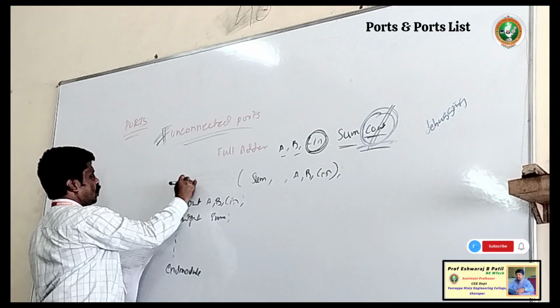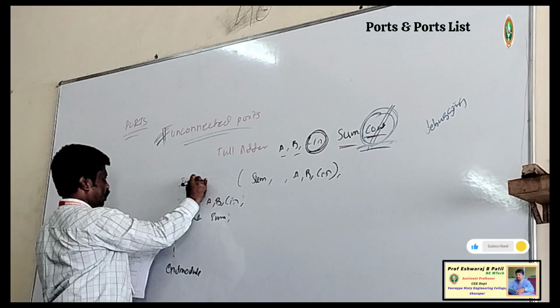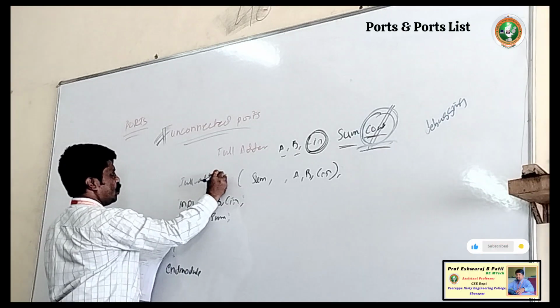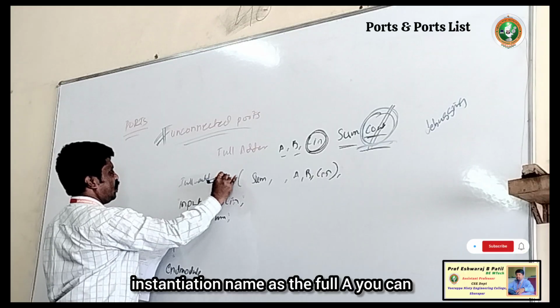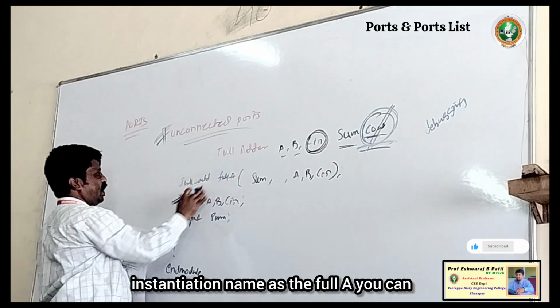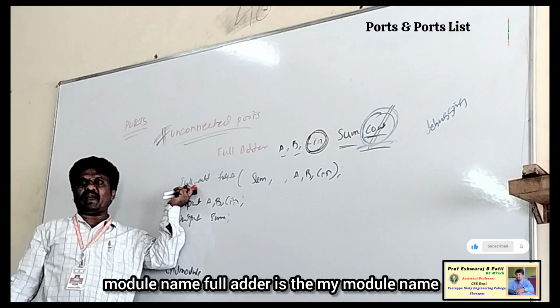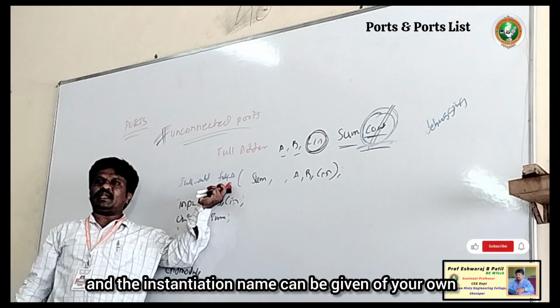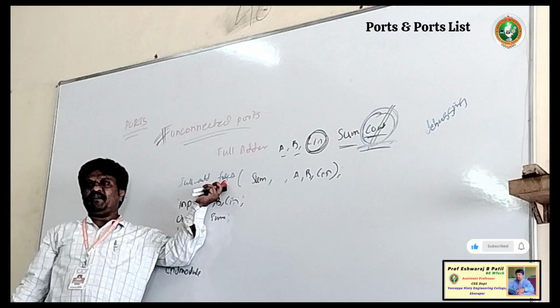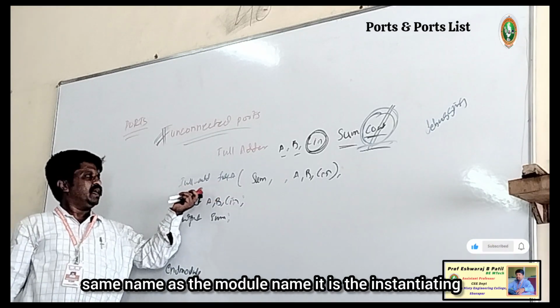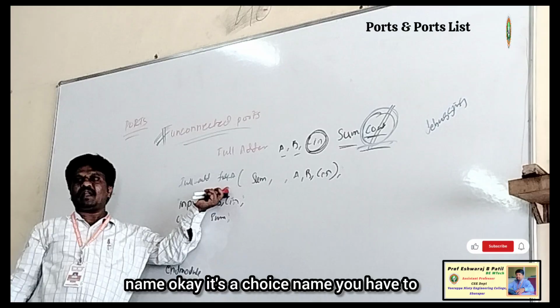Full adder, with the instantiation name as full adder A. Full adder is my module name, and the instantiation name can be given of your own choice. It is not necessary to write the same name as the module name.